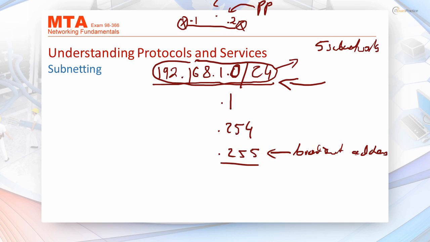Broadcast means that I want to send a message to everybody. It means I am not allowed to use the first one, which is my network address, and the last one, which is my broadcast address. So I will ask again, how many usable IP addresses will I get? 254.